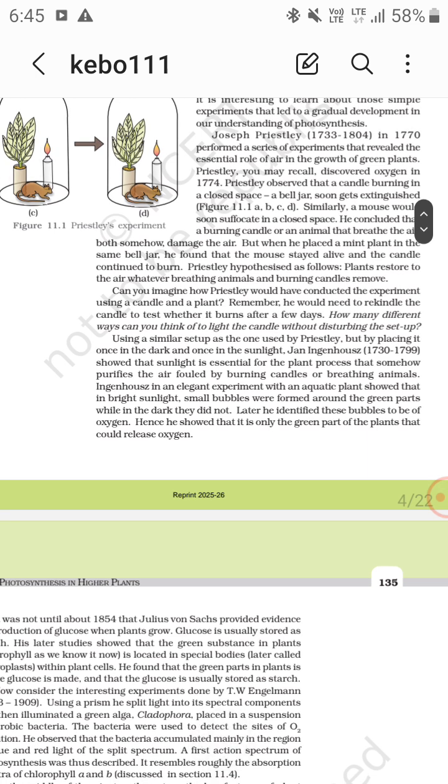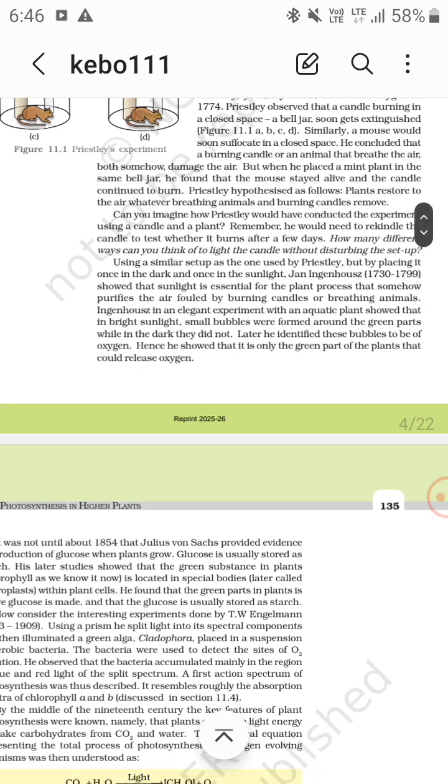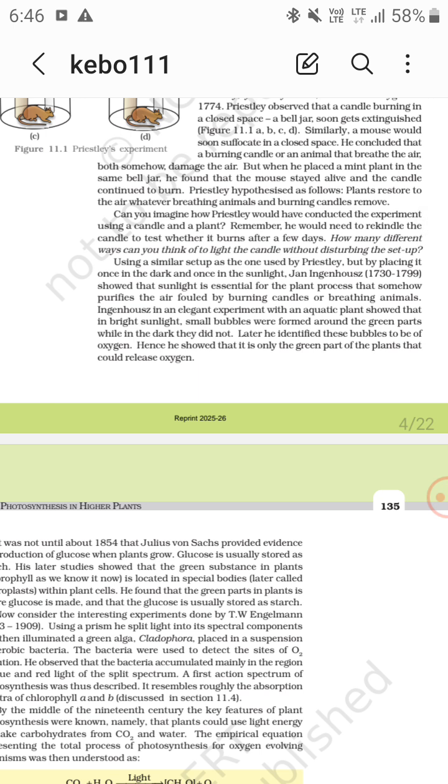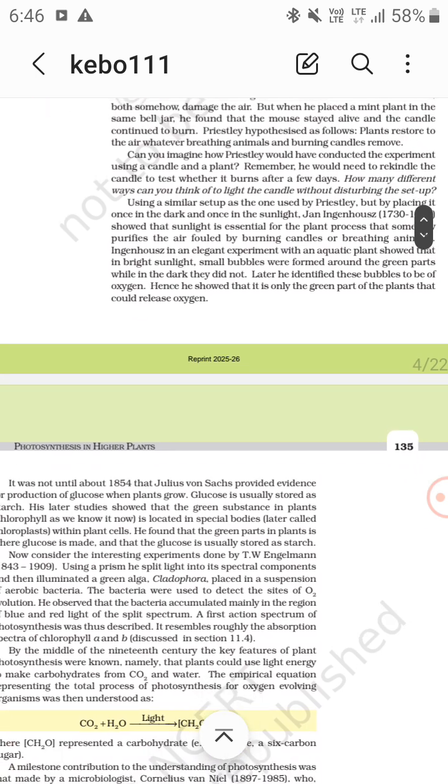Now, Jan Ingenhousz. What did Jan Ingenhousz do? He showed that it is only the green part of the plant that could release oxygen. Only the green parts of the plant could release the oxygen, right? So this is what Jan Ingenhousz stated.